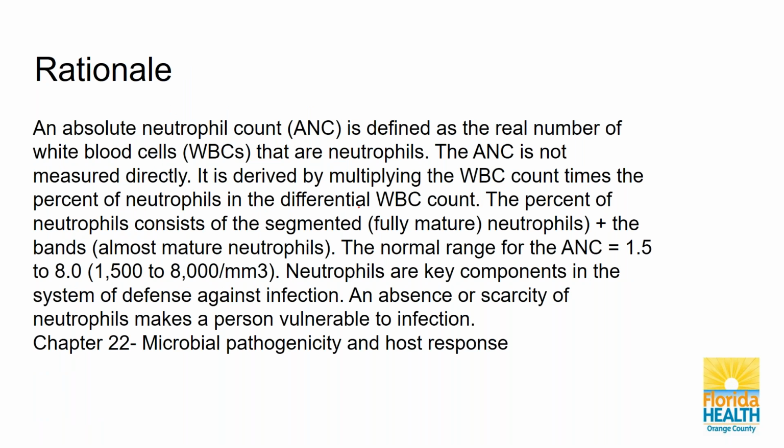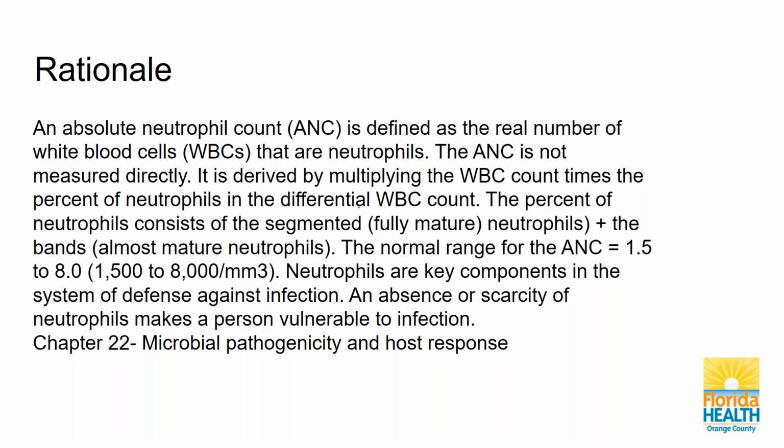So let's read our rationale. An absolute neutrophil count, ANC, is defined as the real number of white blood cells that are neutrophils. The ANC is not measured directly. It is derived by multiplying the white blood cell count times the percent of neutrophils in the differential white blood cell count. The percent of neutrophils consists of the segmented, fully mature neutrophils and the bands, almost mature neutrophils.